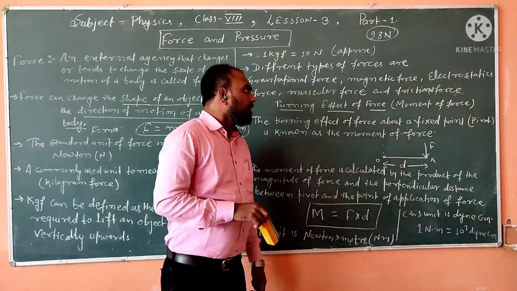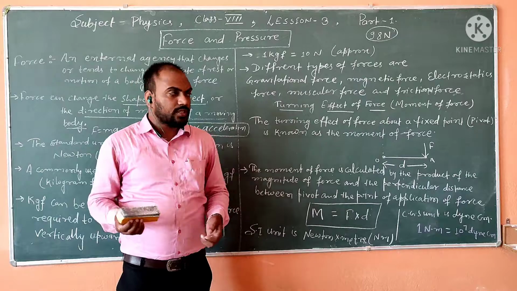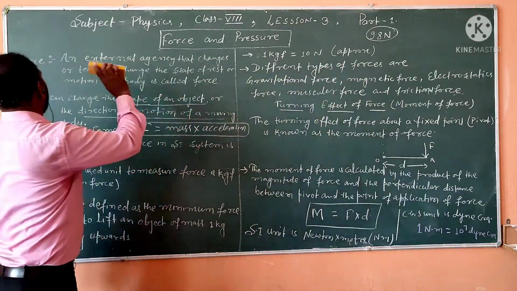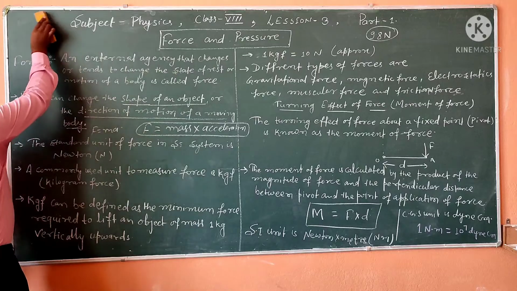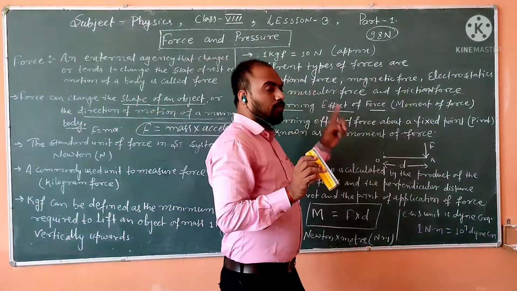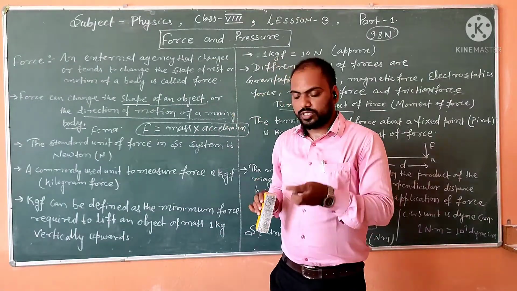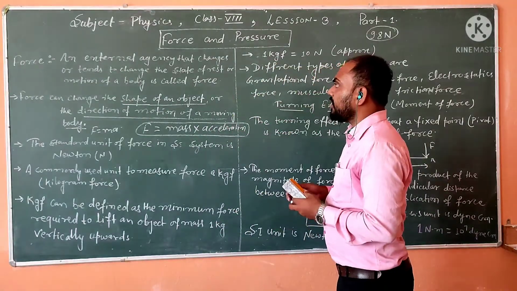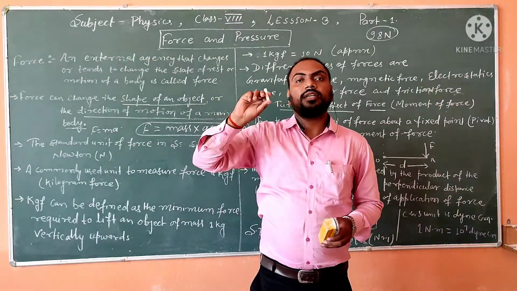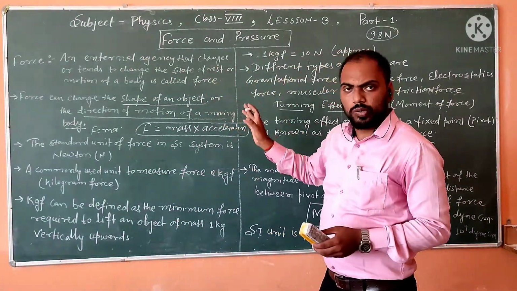Frictional force. For example, I am just rubbing some point on this floor. The force between the duster and the board is called frictional force. If I am writing and there is no frictional force between the board and chalk, nothing will be written on the board.